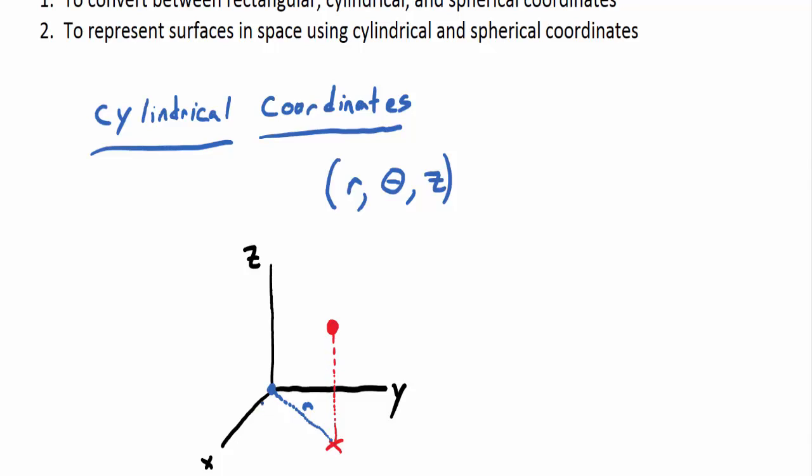And so this angle here would be your theta. And then of course this height value here would be your z.